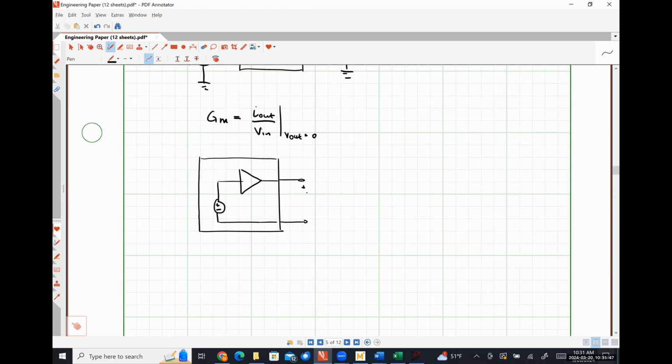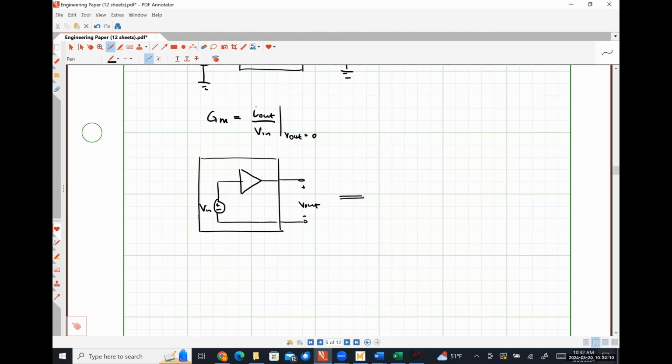So here are the output terminals of our device. Here is our input signal. We can use Norton's theorem to effectively replace this two-terminal network with an equivalent circuit.